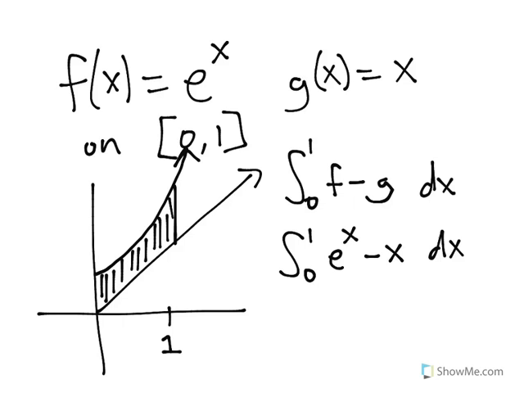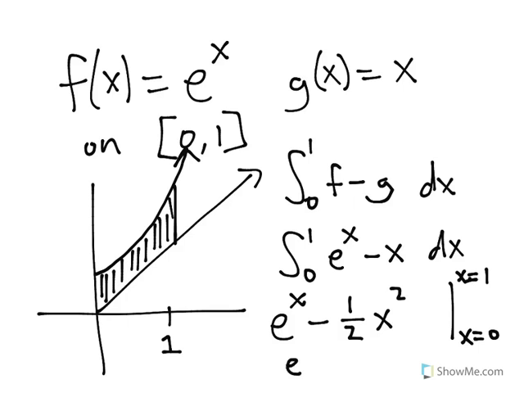And this is pretty nice because when we take the integral or find the antiderivative here, we get e to the x minus, let's see, it would be an x to the 2 because you've got to go up by a power of 1. Then you need a 1/2. And this is evaluated from x equals 0 to x equals 1. Okay. And so then go ahead and plug in 1 and plug in 0. You get e to the 1 minus 1/2, and then minus e to the 0 minus 1/2 times 0.